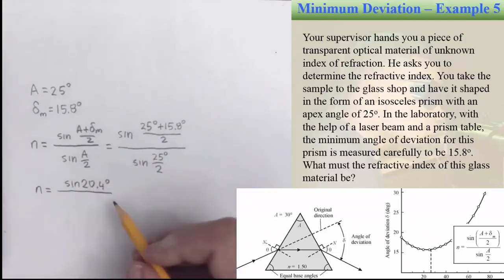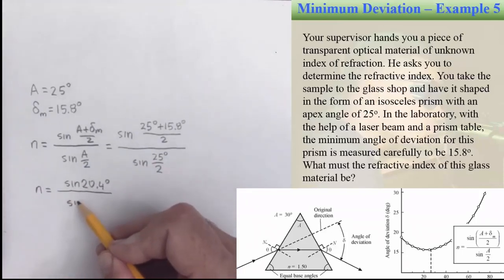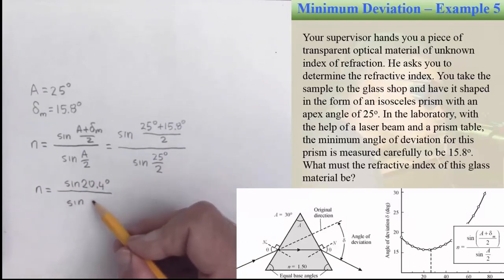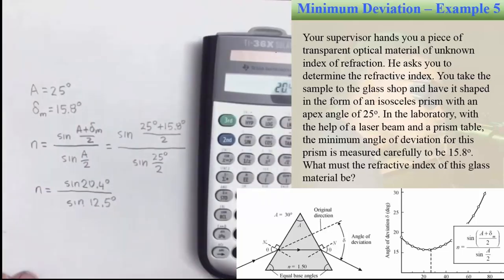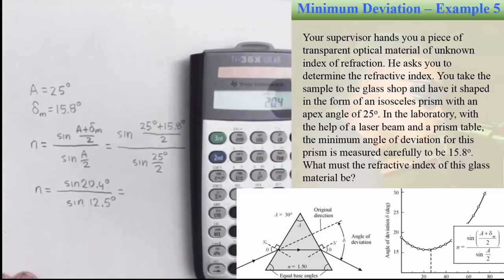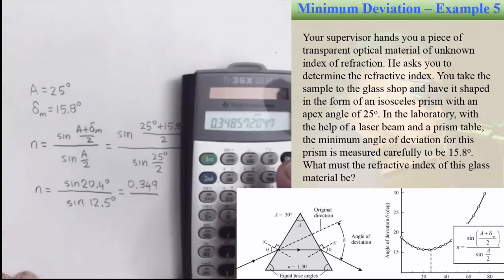Below the fraction line we have sine of 25 degrees over 2, which is equal to sine of 12.5 degrees. We are going to use our calculator to calculate these two trigonometric functions. So we have sine of 20.4 degrees equal to 0.349, divided by sine of 12.5 degrees, which is equal to 0.216.